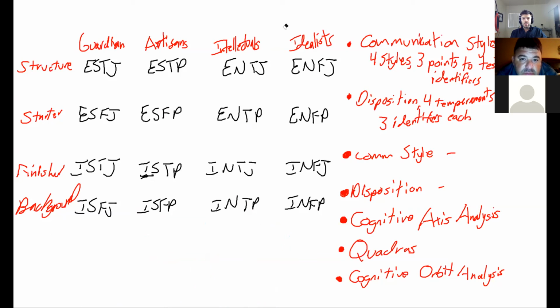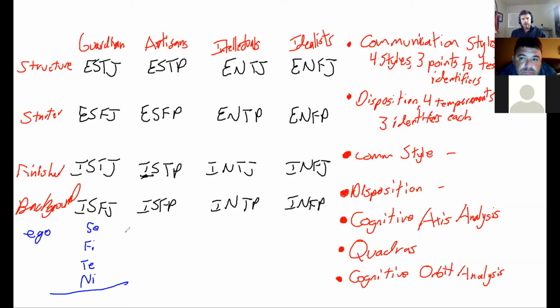Cognitive orbit. So let's look at an ESFP, shall we? I'm in the mood for ESFP land today. So we have SE, FI, TE, and NI. Okay, that's the first 4 of their ego.